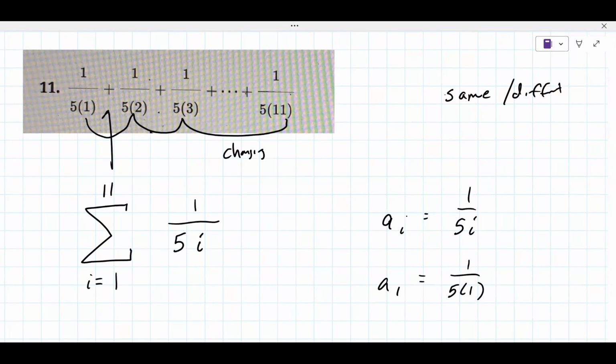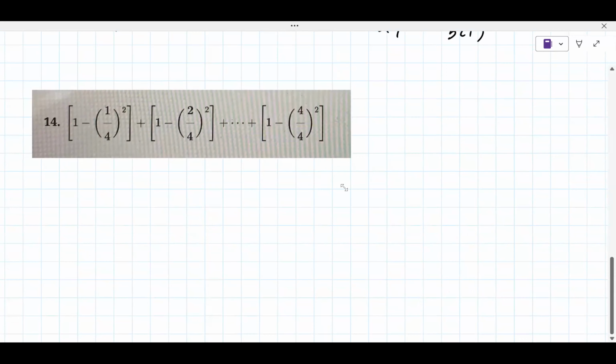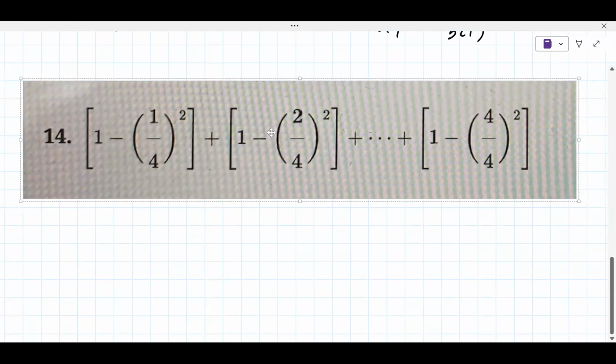So let's pick a little more difficult one, like maybe 14, since you don't have the answer to that one. All right, so again, look at what's the same, what's different, what's changing, what's not changing.